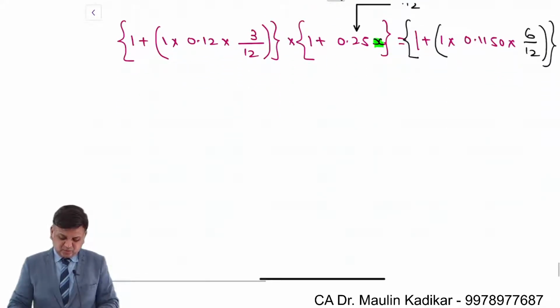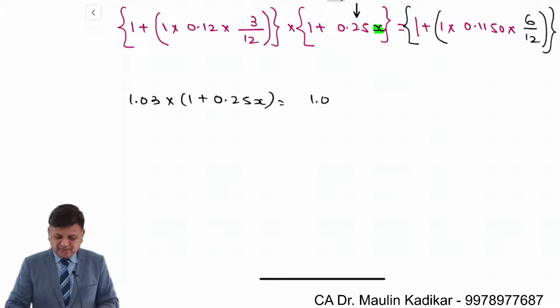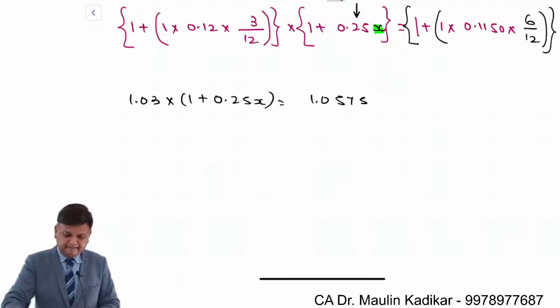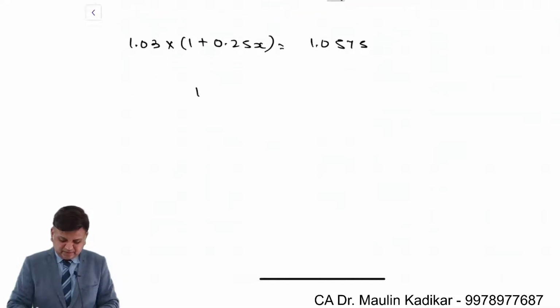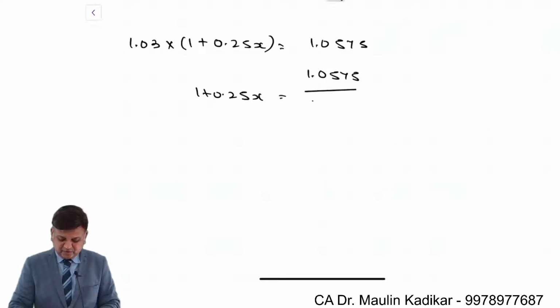So here this is 1.03 into 1 plus 0.25x is equal to 1.0575. So 1 plus 0.25x is equal to 1.0575 divided by 1.03.